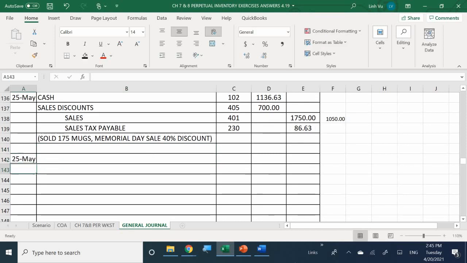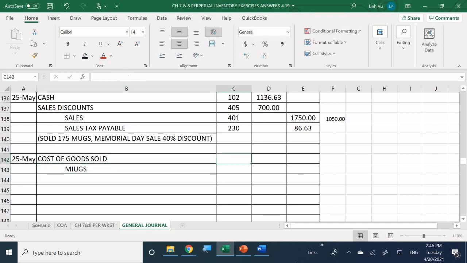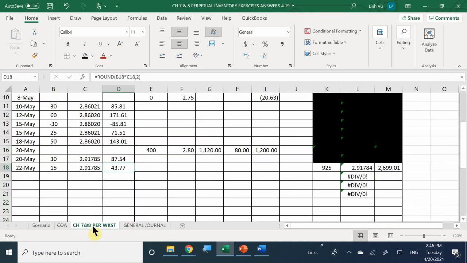Now, what is the next thing that we should do? Cost of goods sold. We need to recognize how much it cost us. And we need to update our inventory, mugs. So now we can go back to our inventory worksheet and let's solve for how much it costs us to sell out all 175 mugs.